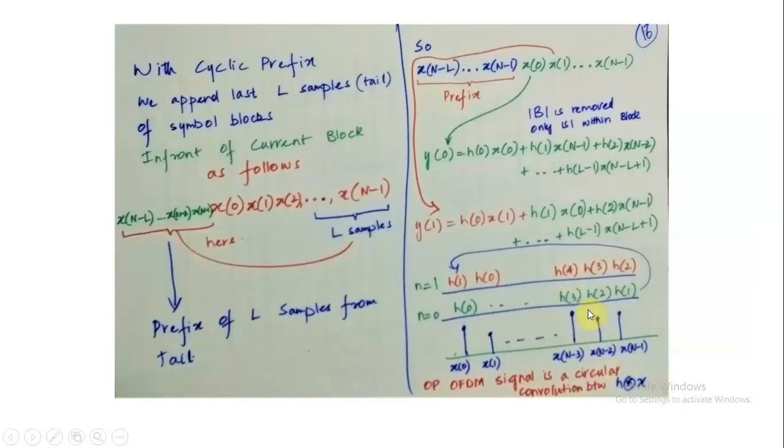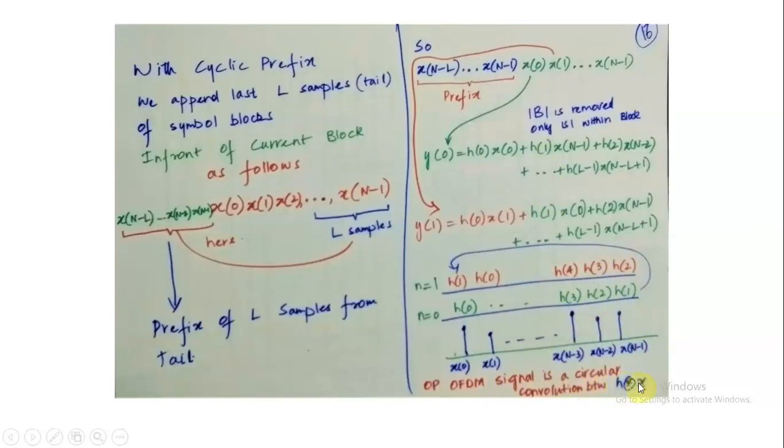Similarly, x_{N-2} is multiplied with h2 and h3, and x_{N-1} is multiplied with h1 and h2 at different time symbols. So the operation shown here is basically a circular convolution between h and x.